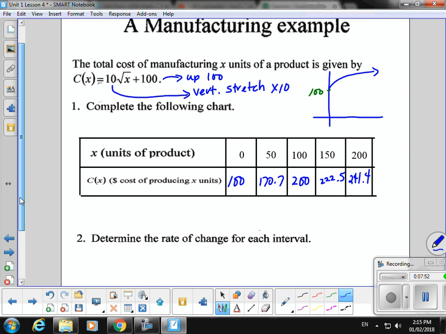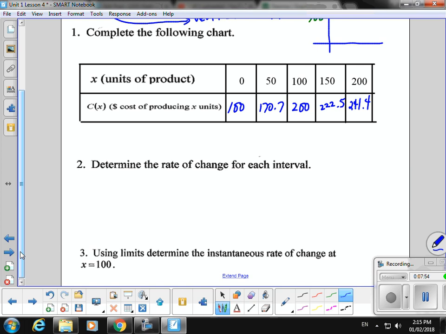Okay. We're going to look at all the intervals separately and see if we can see what's going on. So from 0 to 50, my average rate of change in that interval would be a change of 70.7 dollars over 50, which would be approximately $1.414 per unit.